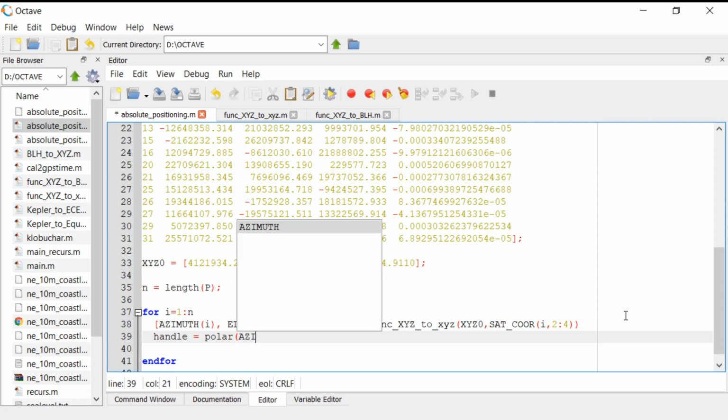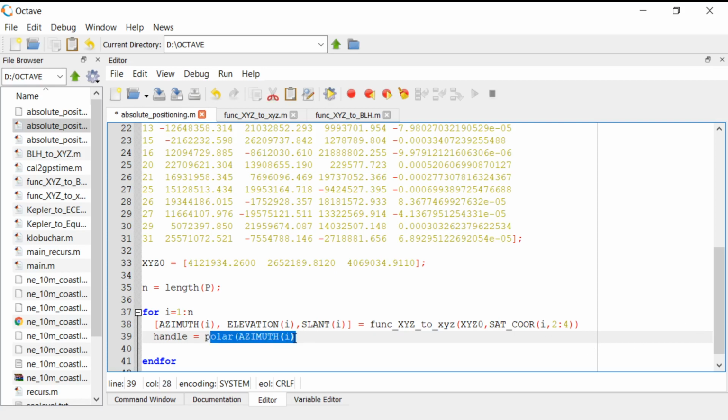I will use for this the azimuth. The azimuth and elevation angles are provided in degree units, but the polar function requests us to give the azimuth angle in radian units. That's why I need to convert to radian.